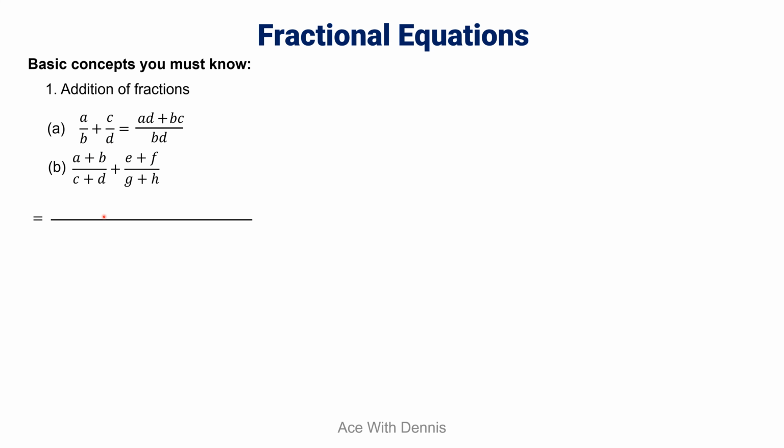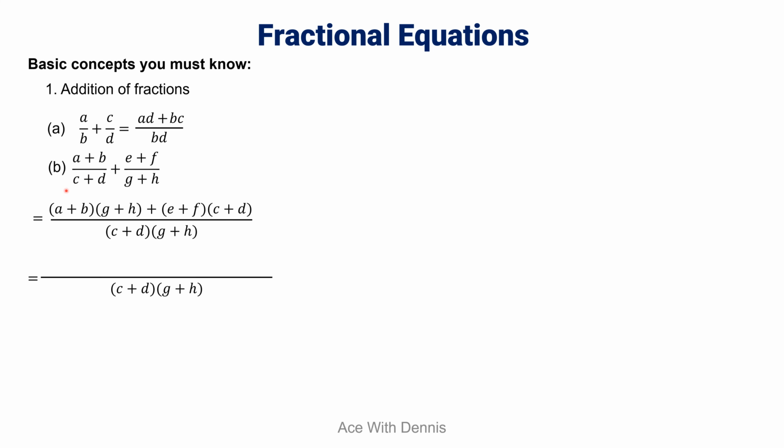So what we have to do is, again, the same concept, we need to make them have a common denominator. So just multiply these two denominators together, we have c plus d times g plus h. Now for the top here, this a plus b will multiply with g plus h, then plus e plus f needs to multiply with c plus d.